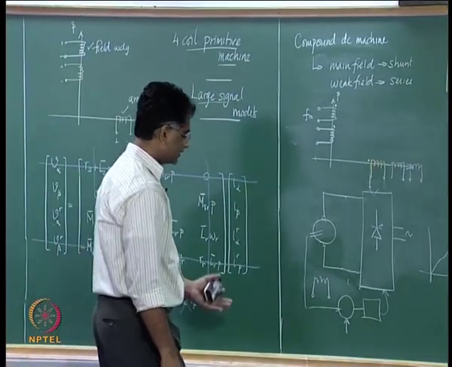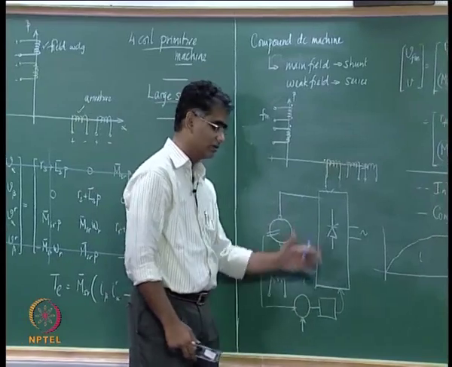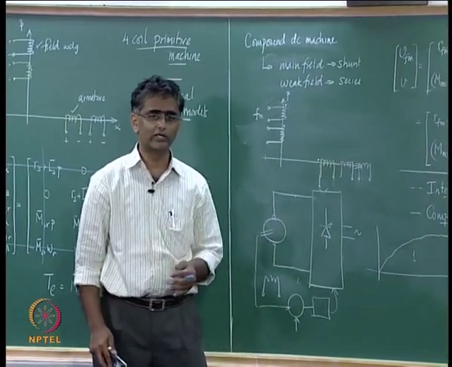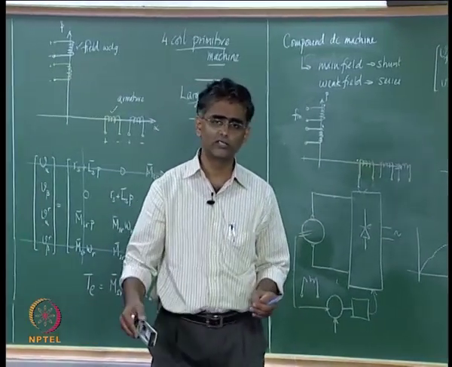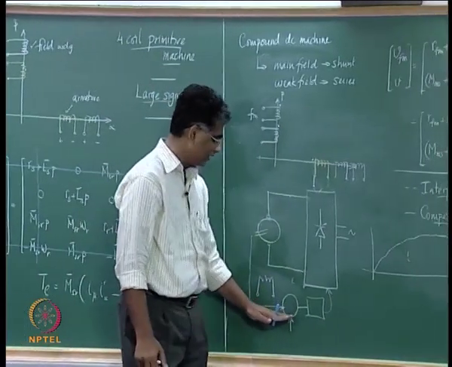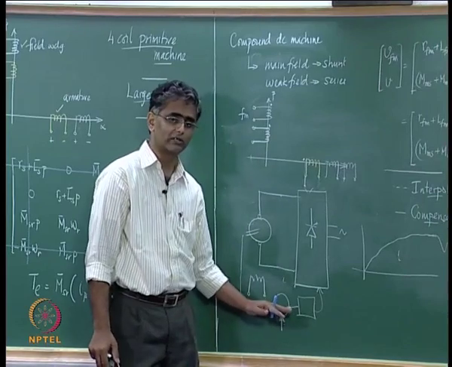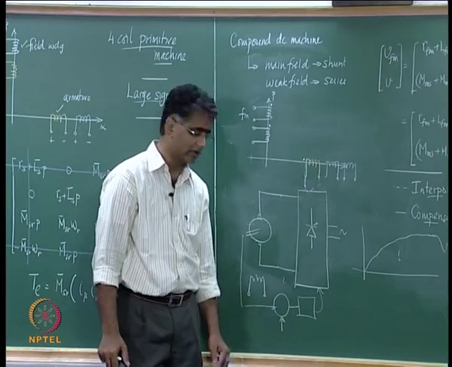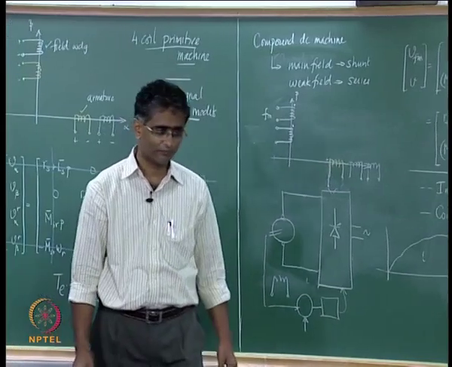Now, in this kind of system, if you want to design this controller, it is not really necessary to look at the large signal equations. Many times designing the controller based on small signal models works well enough.